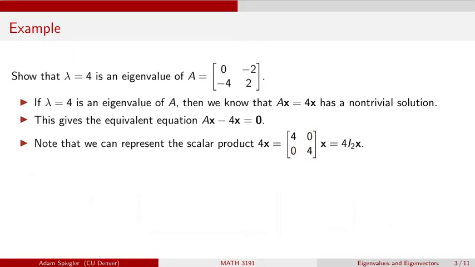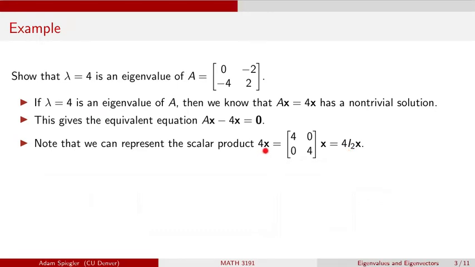You can verify that if I take x1, x2, and multiply on the left by this matrix 4, 0, 0, 4, we would wind up with the vector 4x1, 4x2. So it's equivalent to multiplying vector x by the scalar 4.